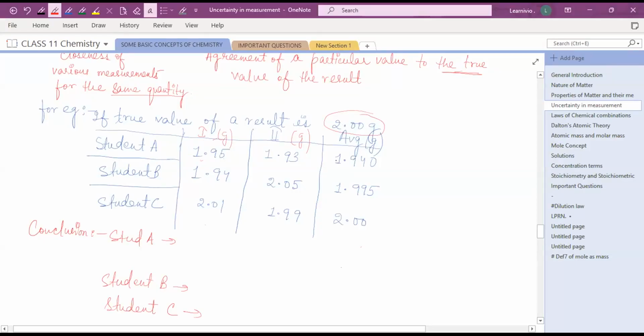When you take the average of these two, you will get 1.940.